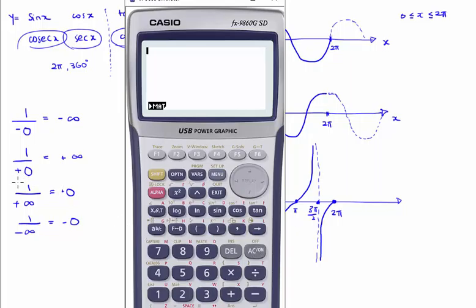And likewise, if I just go for this one, 1 divided by a very large number, infinity. Of course, I can't actually plug infinity in here, but I'm going to plug this number in. And that gives me a very small positive number. Okay, so I'm going to write that as positive 0. Positive 0 means positive small number.